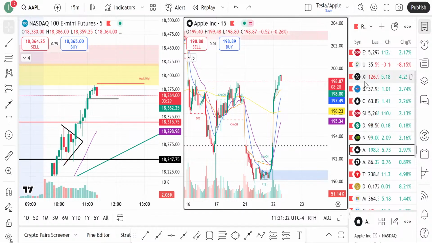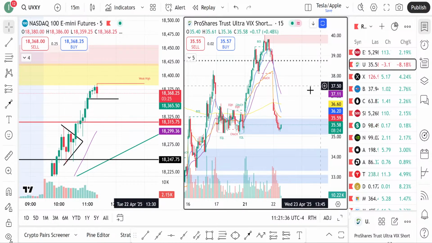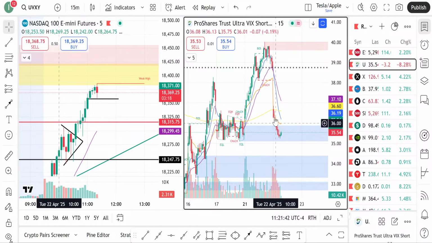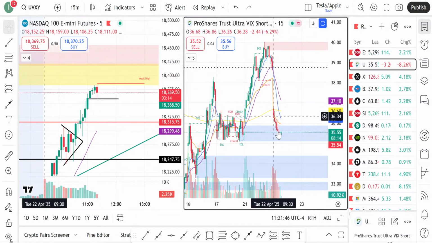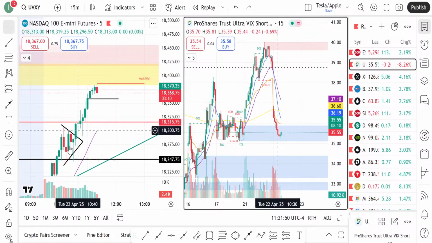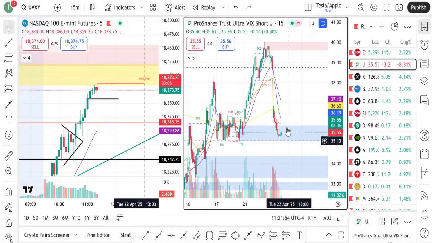I'm seeing that the VIX is at a demand zone, and I'm looking at the VIX because when the VIX is coming down, then the market goes up. S&P and Nasdaq go up when the VIX is coming down, and vice versa.